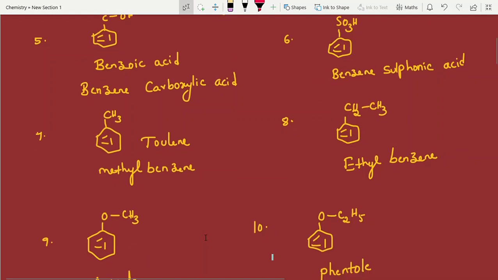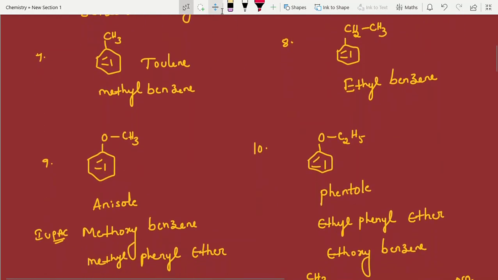Next one, which is also one of the frequently asked questions, is anisole. Anisole is methoxybenzene, OCH3. What we call methoxy is this: in methyl there is only the CH3 group, but here along with methyl, oxygen is also there. So we call it methoxybenzene.